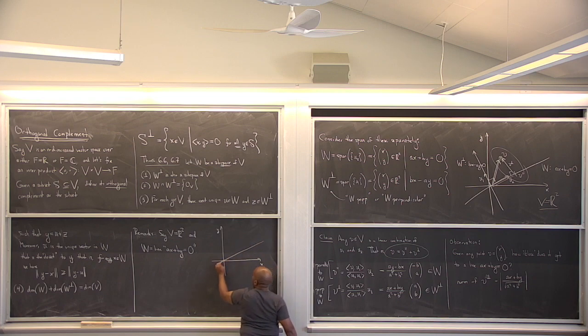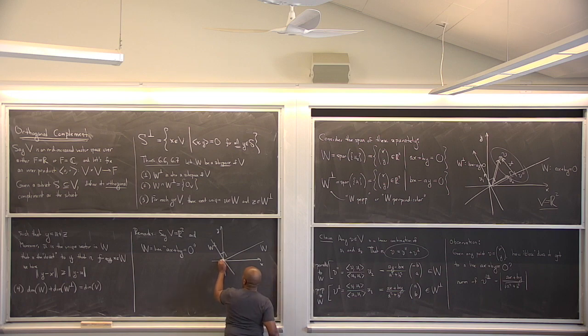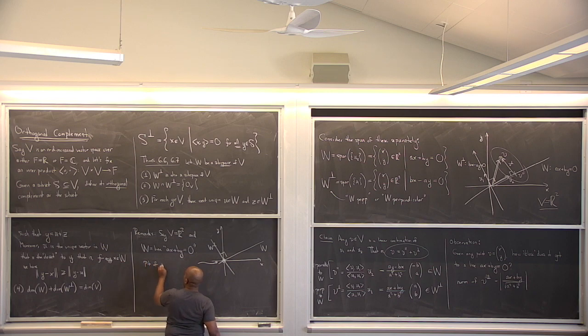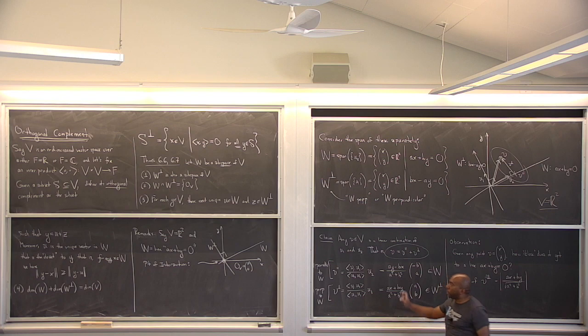So here's our line W, and then we know that W perp looks like this here, right? So it's 90 degrees apart. So first of all, you'll see that these two lines intersect in exactly one point. The point of intersection here is the origin. So that's what statement number 2 says, right? So they always intersect in exactly one point.